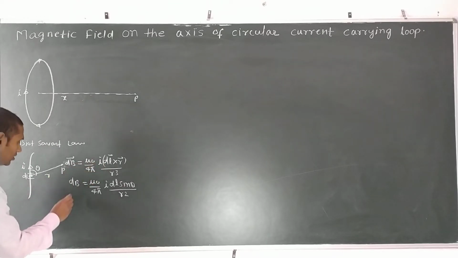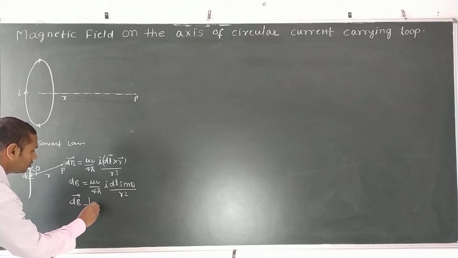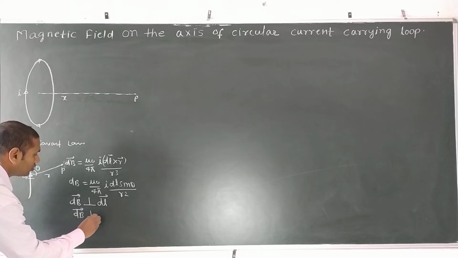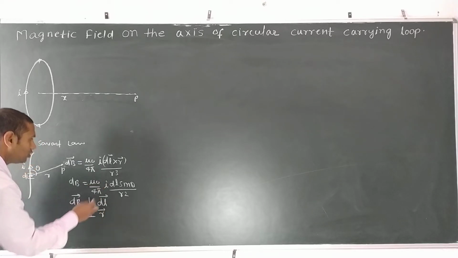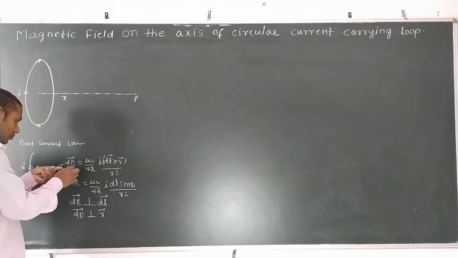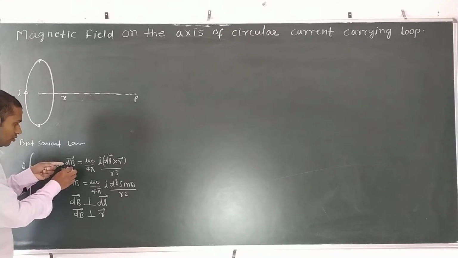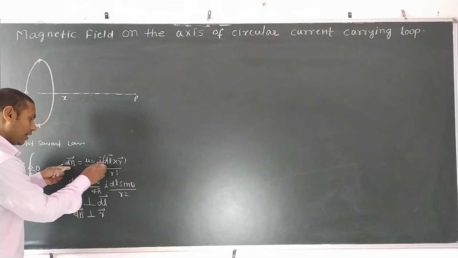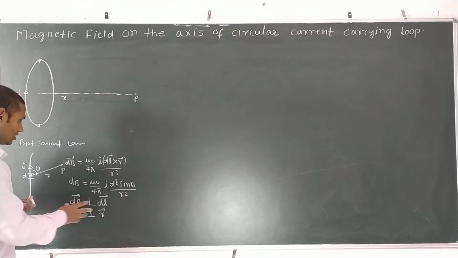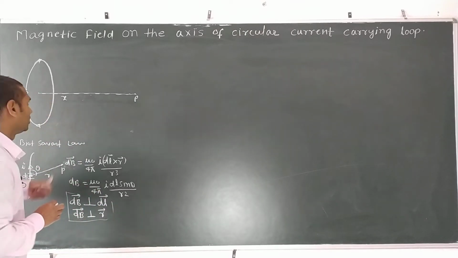The direction of dB is the direction of the cross product: dB is perpendicular to dl, as well as perpendicular to r. This concept we will use to find the direction of the magnetic field here.